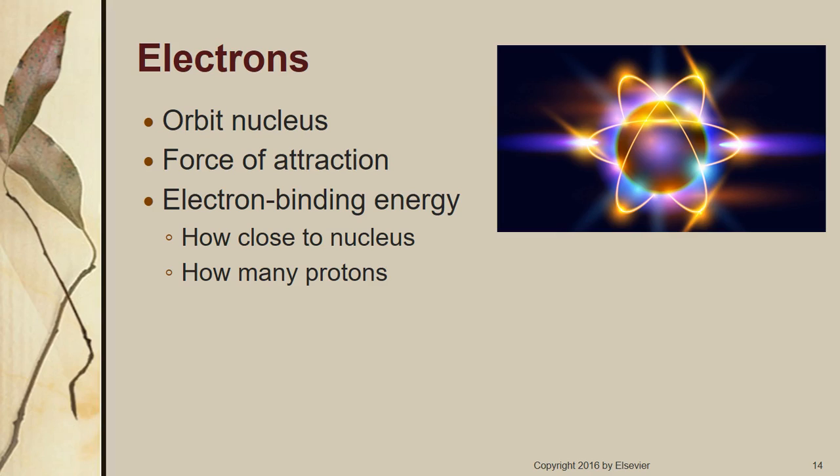Just as neutrons and protons are held together in the nucleus by nuclear binding energy, the electrons are held in their orbits by electron binding energy. That energy depends on how close the electron is to the nucleus and how many protons are in the atom. The closer the electron is to the nucleus, the stronger the binding energy, and that is expressed in electron volts, a little e, big V.